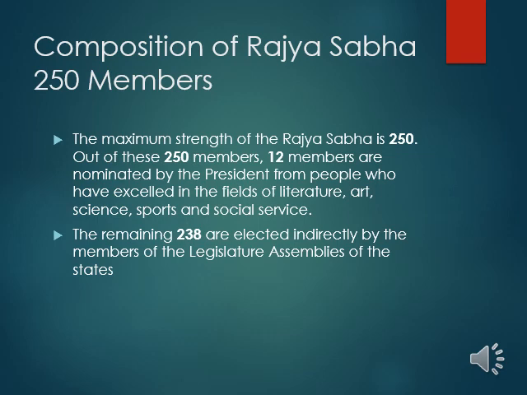Children, this is a way of bringing persons of talent and distinction into Rajya Sabha. The remaining 238 members are elected indirectly by the members of the legislative assemblies of the states of India.